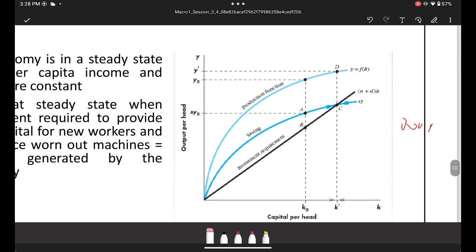When the graph gradient increases, it shifts to the left. You need to know this. Past papers ask what will happen to the investment requirement if you increase n or increase d, population or capital depreciation. You must think about it logically. If you're increasing it, the gradient of the line is going more up.